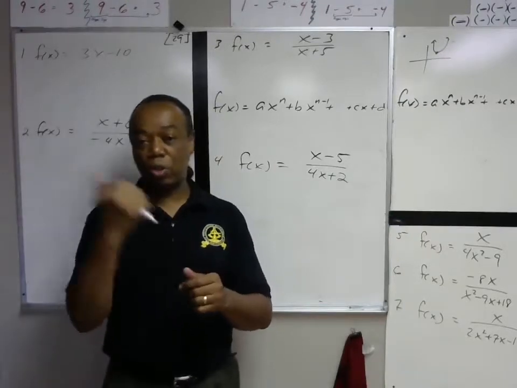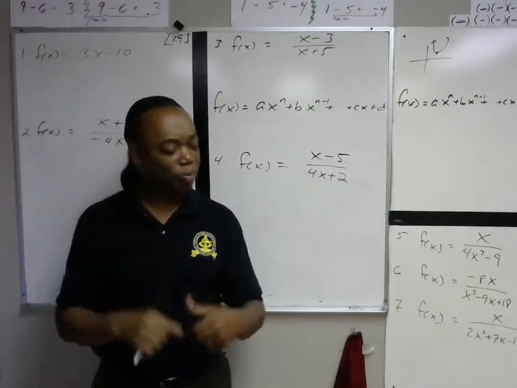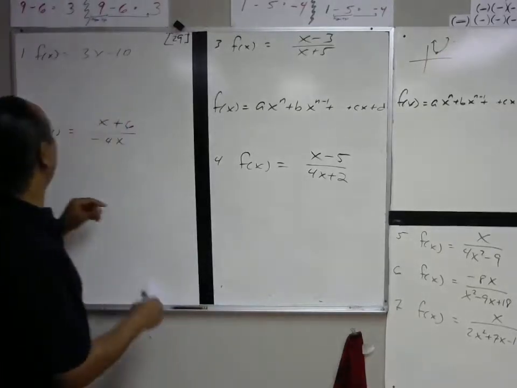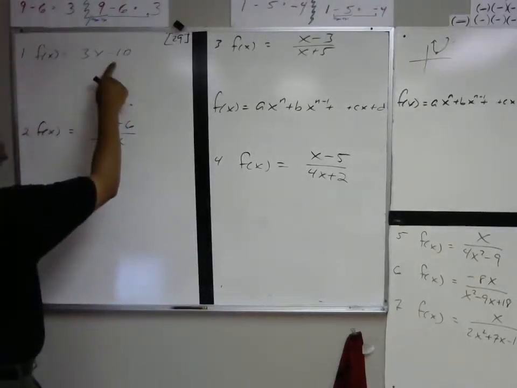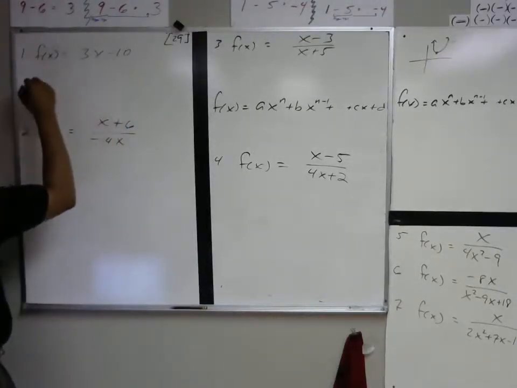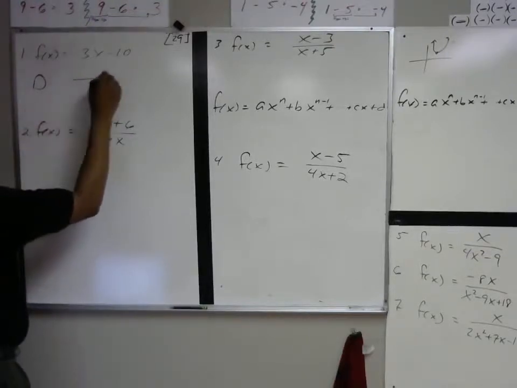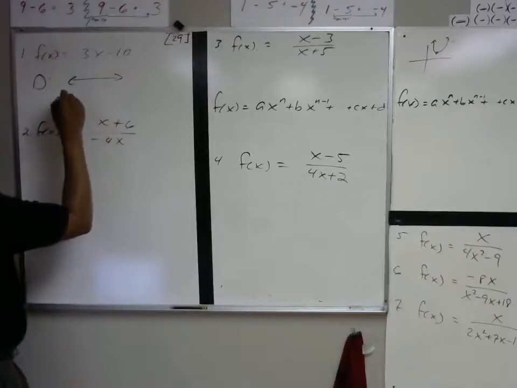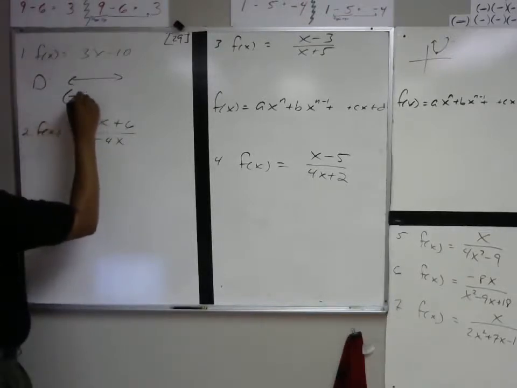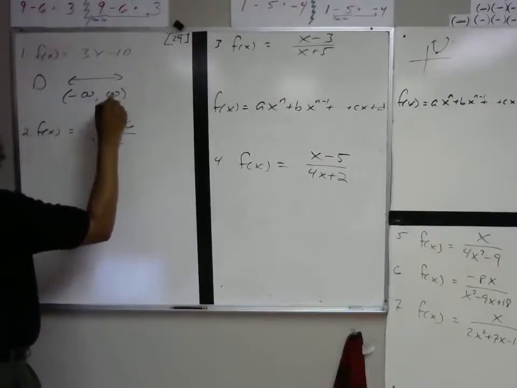The x values go to the left and to the right forever. So we're going to start off saying that since this is a polynomial, a very small one here, the domain for this will be all real numbers. The graph of that looks like this. Furthermore, the interval notation is negative infinity to positive infinity.